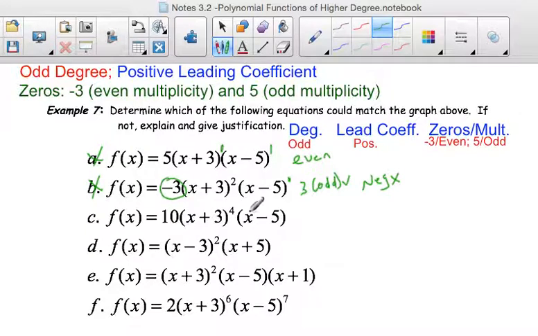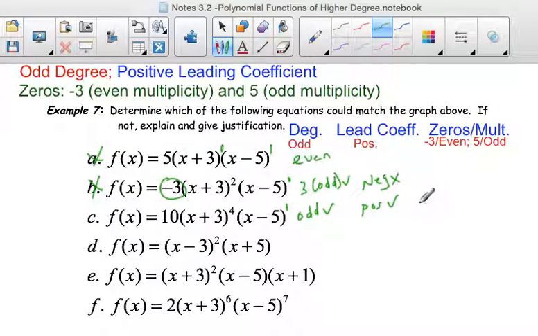Letter C, let's take a look at the degree first. So if we were to multiply this out, our highest order term would be an x to the 4 plus 1 or x to the 5th. So this is odd degree, so that matches our requirement. The leading coefficient is 10, which is positive, so that matches our requirement. What about the zeros?